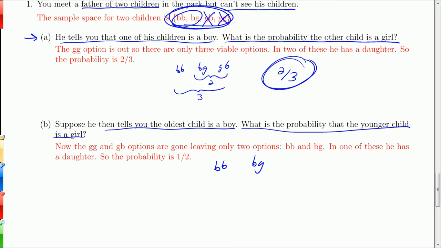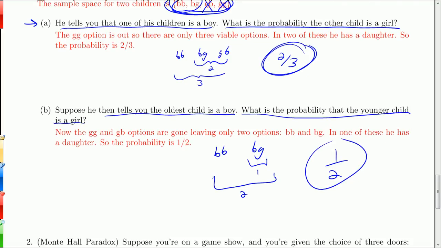And so now what's the probability that the other sibling is a girl? Well, it's 1 out of 2. My sample space is 2. 1/2. So the paradox is, it doesn't seem like him telling you that the oldest child is a boy or one of the children is a boy should change things, but it does.